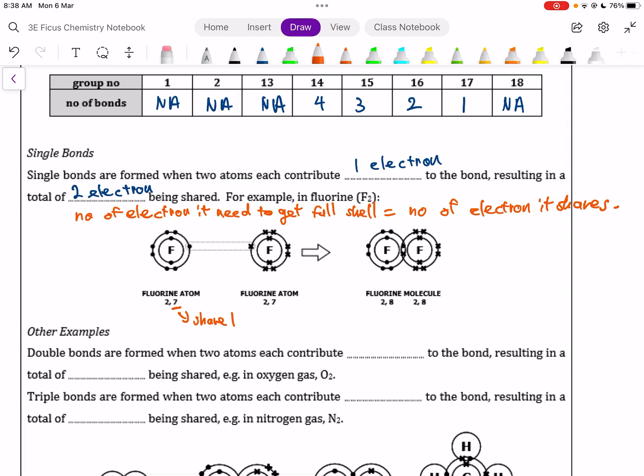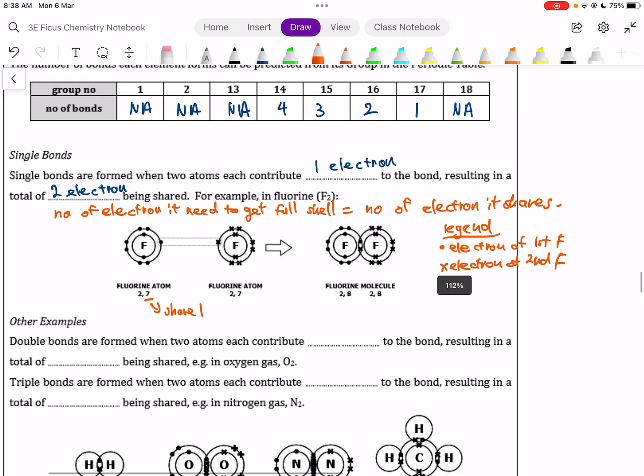Then you put in a legend, don't forget. Dot is electrons of first fluorine, cross is electrons of second fluorine. This one must be done. If you've never done it, usually I'll penalize 1 mark. It's usually a 2 marks question. This one is the full electronic configuration.